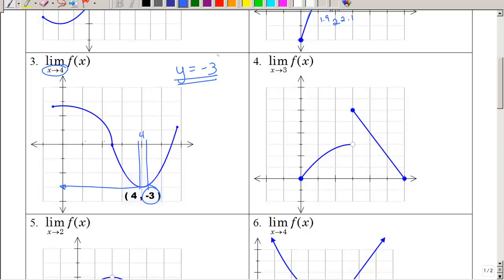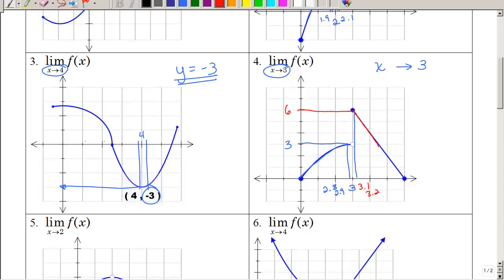But now number 4, we have a big jump. When x gets close to 3, here's 3, what is y getting close to? Well, when x was like 2.8 and 2.9, y seemed to be getting close to the value of 3. But when x was 3.1, 3.2, y was getting close to the value of 6.